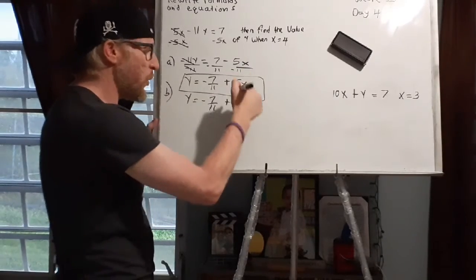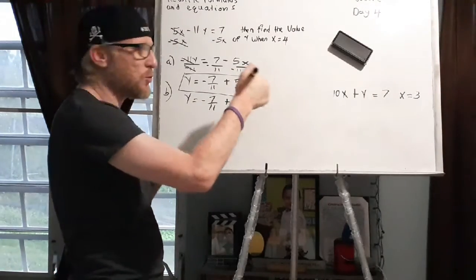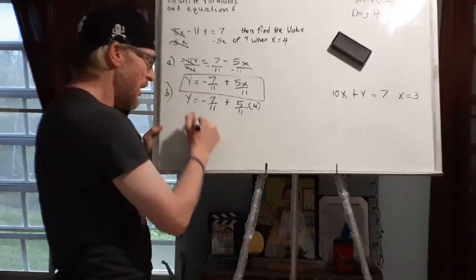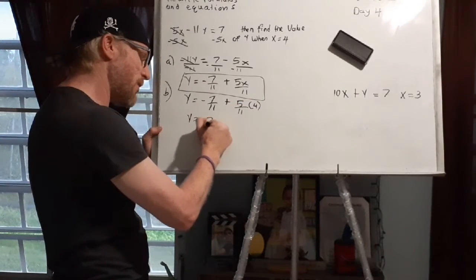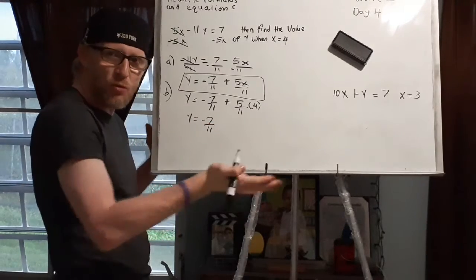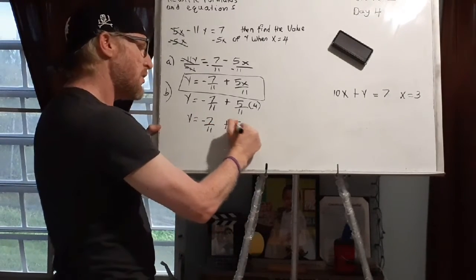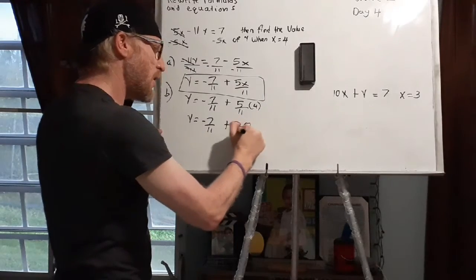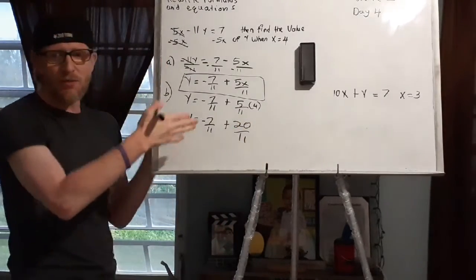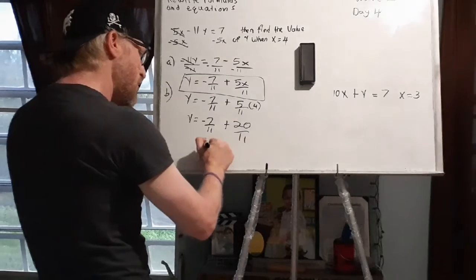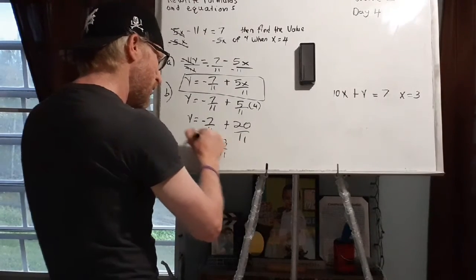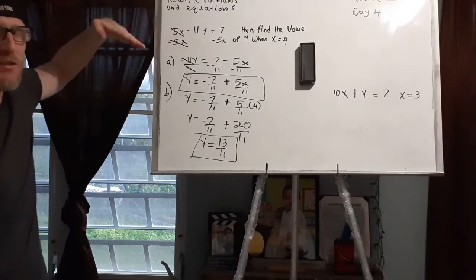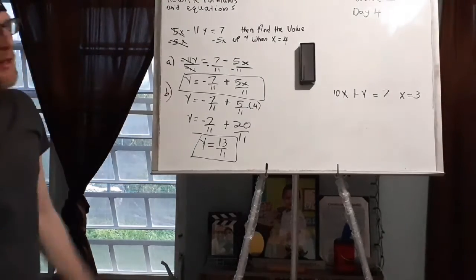So again, we just rewrite our equation, but instead of having x, we're going to say 5 times 4 over 11, and that would be negative 7 over 11, or negative 7/11, which is the same thing, plus, actually, 5 times 4 is 20, so that would be 20 over 11, and negative 7 plus 20 is positive 13, so your answer is 13 over 11. So again, part A was just solving for y, because that's what they were asking me to do, and part B is to evaluate the expression.